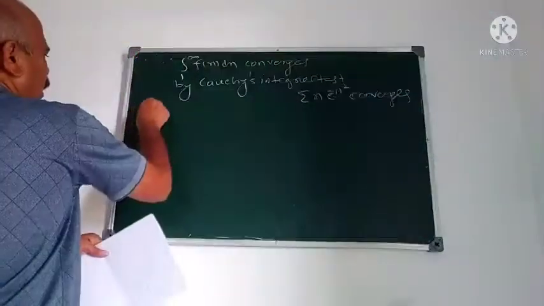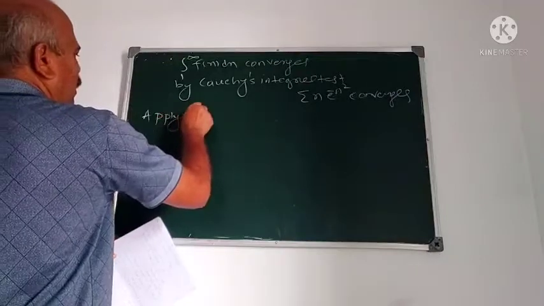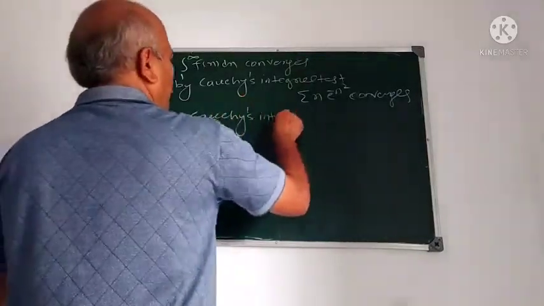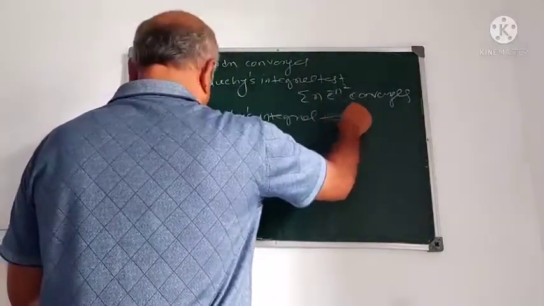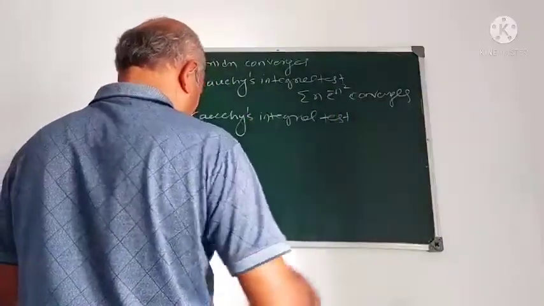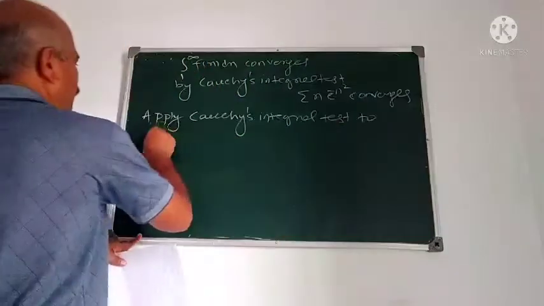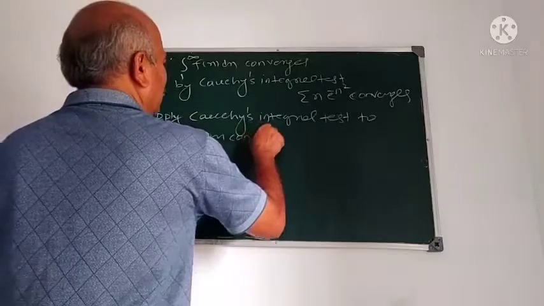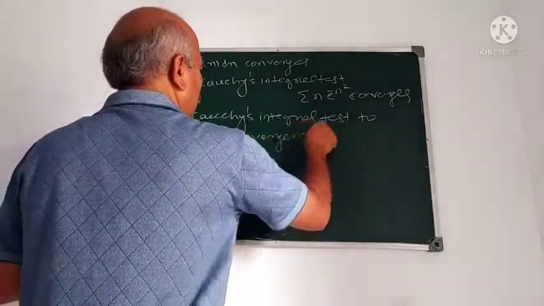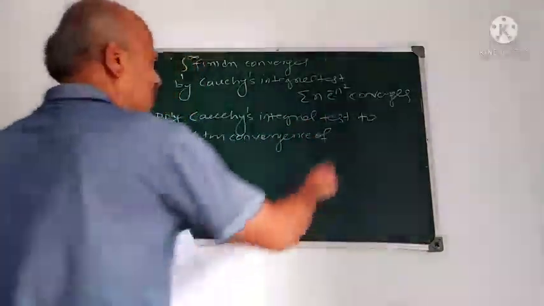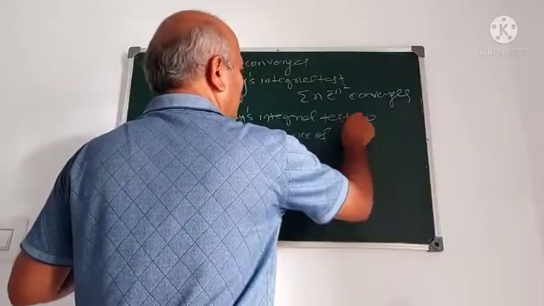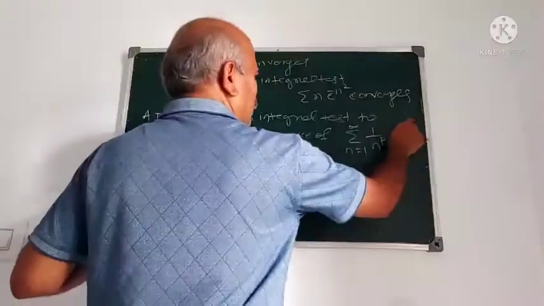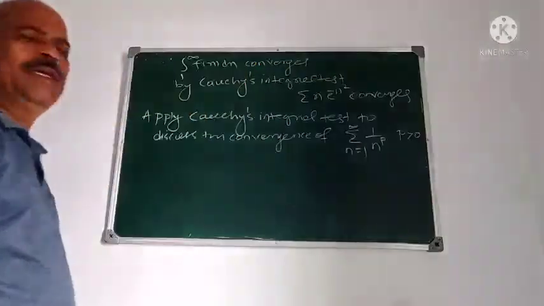Next, apply Cauchy's integral test to discuss the convergence of sigma 1 to infinity of 1 upon n raised to p, where p is positive.